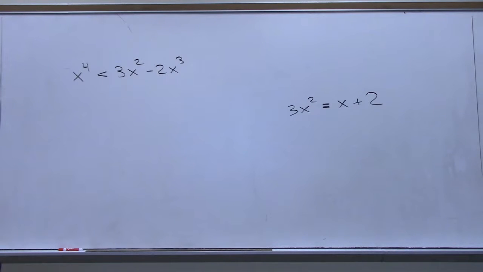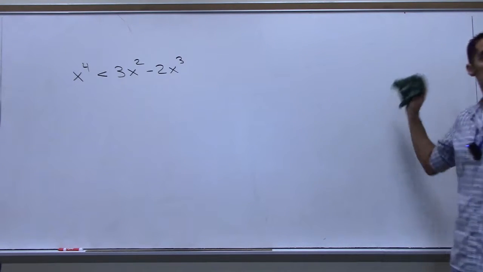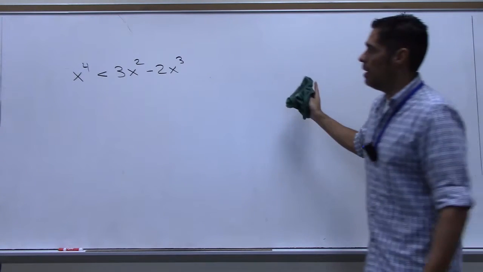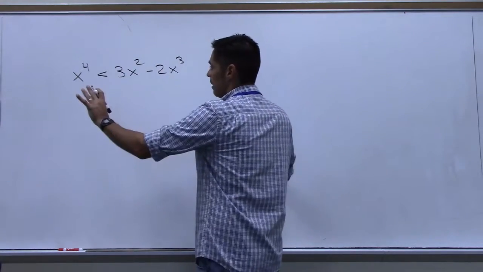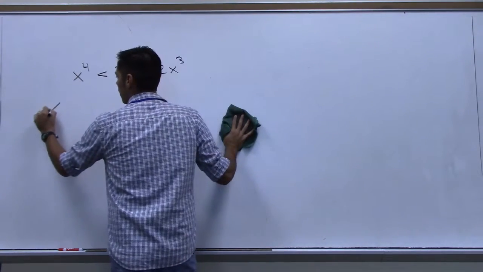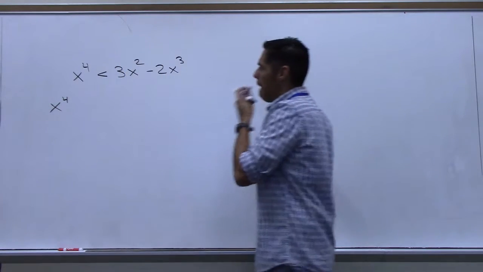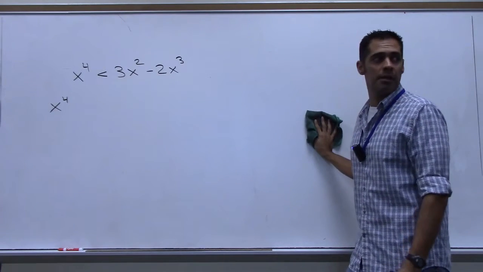All right, so this polynomial inequality, the first thing we'll do is move everything to one side, right? And get a 0 on one side. And which side do you want to go to? You move everything to the left? Okay, so if I do that, x to the 4th, then minus 3x squared, plus 2x cubed.